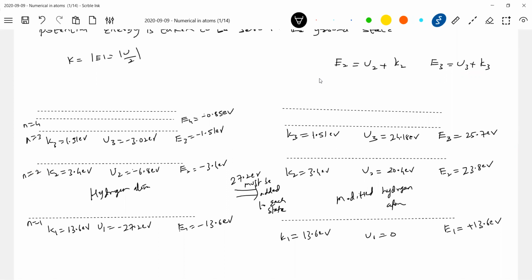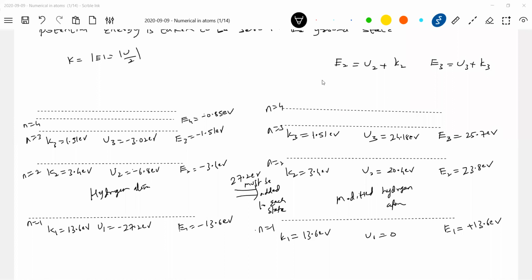So in this modified hydrogen atom, if the electron makes a transition from the third excited state to the ground state, what will be the wavelength of the photon? This can be asked, so be careful. Something they can drag you into. The question said we should add energy so that the potential energy should be made zero in the ground state.